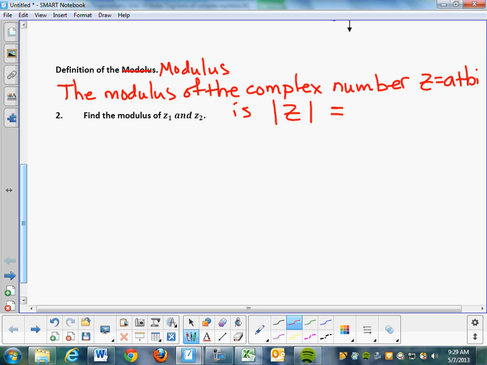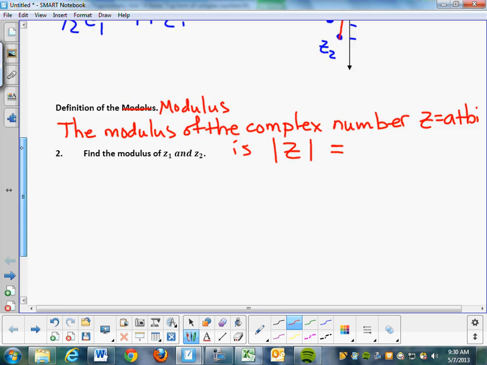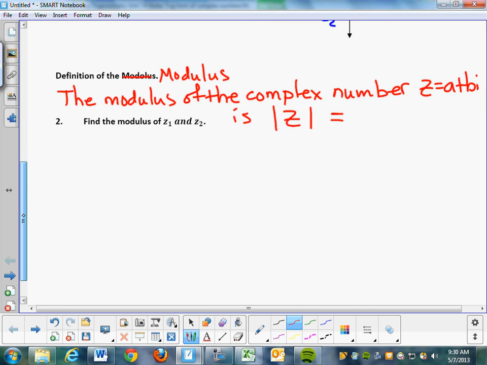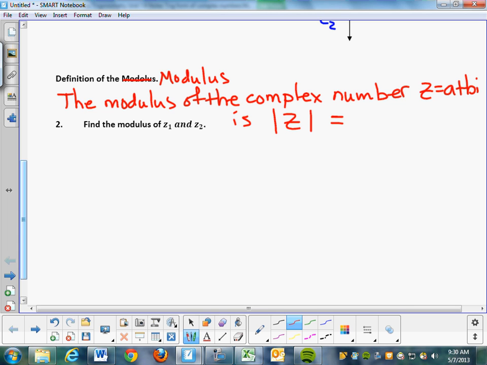So, let's apply that to the complex plane. The absolute value of a complex number would be the distance of that complex number from the origin. Check this out. Look at Z1. If we were to find the distance of this complex number from the origin, what would we have to use? The Pythagorean theorem. You guys are so smart.